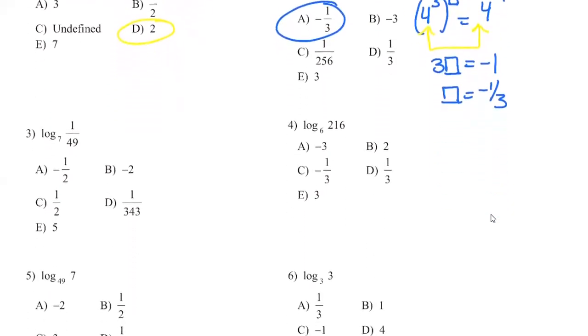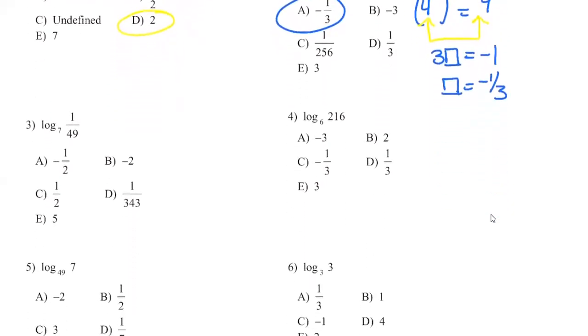And then of course there's problems like number 3, where you've got a 7 and a 49. So you're thinking 7 to what power is going to be 1/49? Well, 49 I know is going to be 7 squared. Agreed? And then I know that that's going to be the denominator of a fraction.